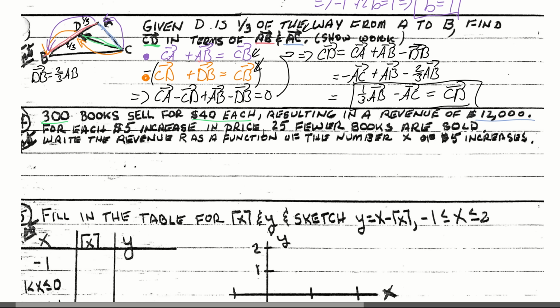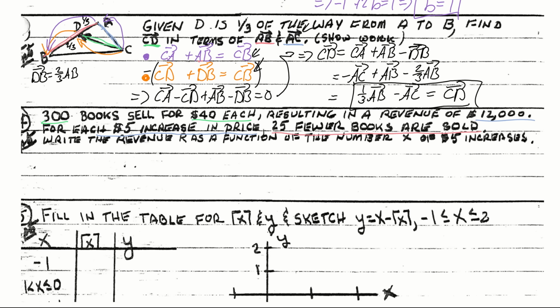For each $5 increase in price, 25 fewer books are sold. Write the revenue R as a function of the number of $5 increases.